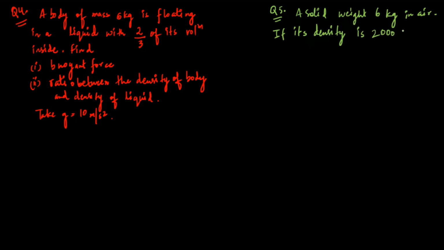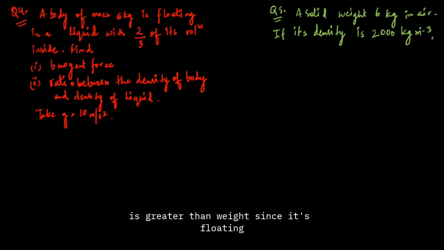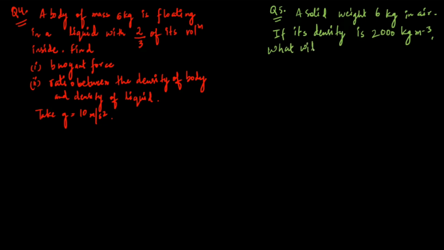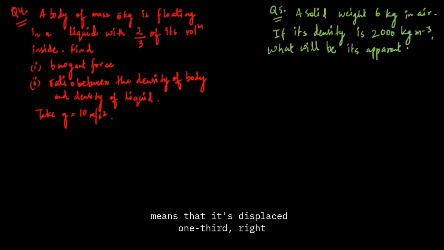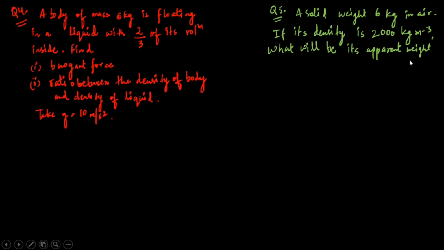So FB is greater than the weight since it's floating, with 2/3 of its volume inside. So 2/3 of its volume inside means it has displaced 2/3.